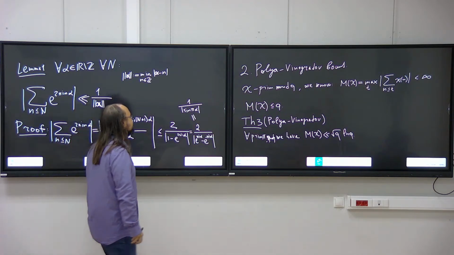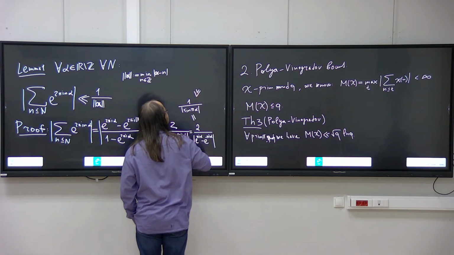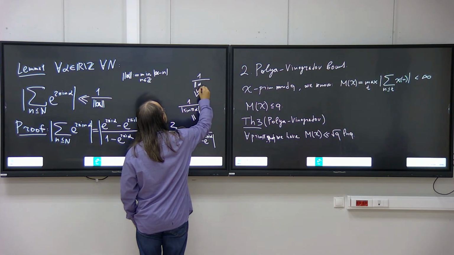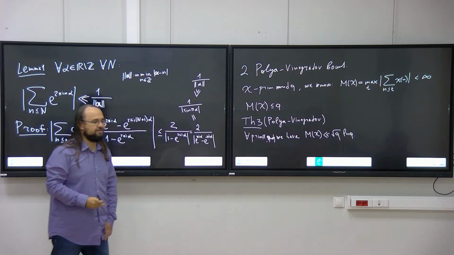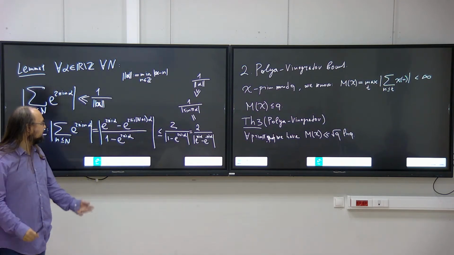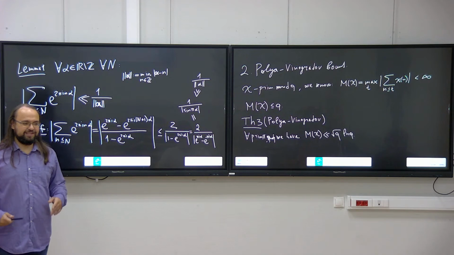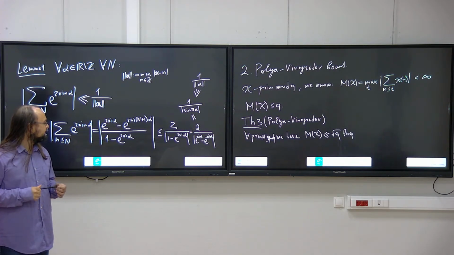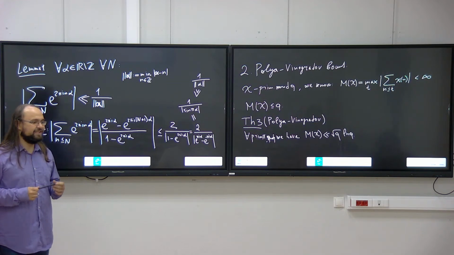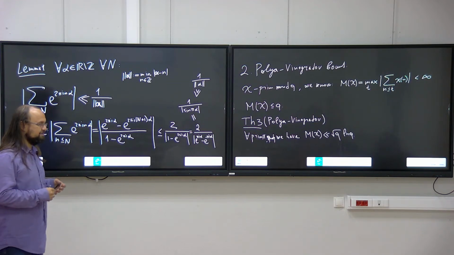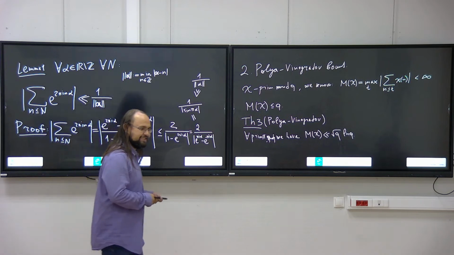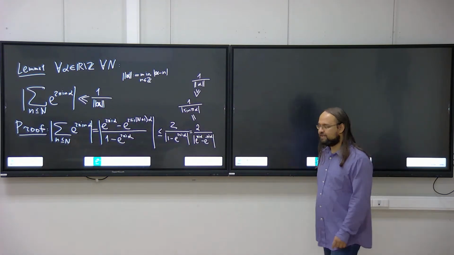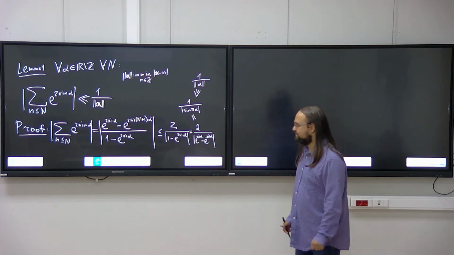And then you can easily check, please do it, that this is of order at most the distance from alpha to the nearest integer. So of course sine pi alpha is 0 at all integers, and 1 over the absolute value of sine pi alpha is actually dominated by the distance to the nearest integer. Okay, so let us prove the Polya-Vinogradov theorem.